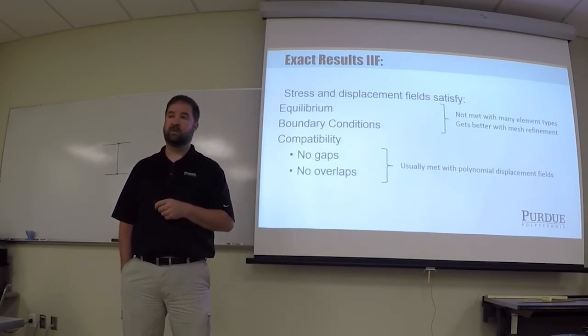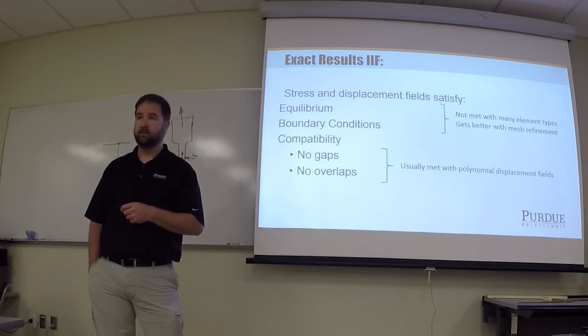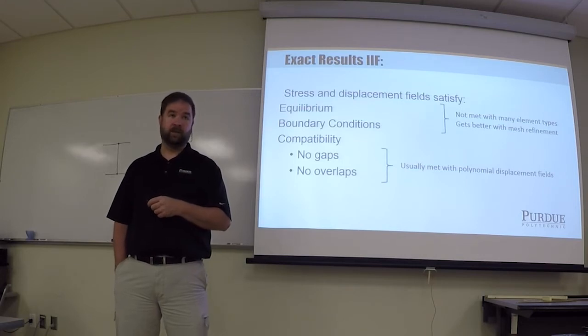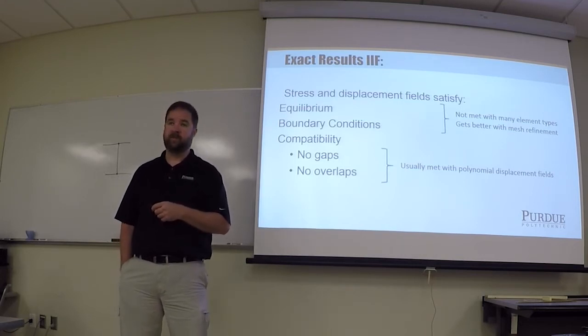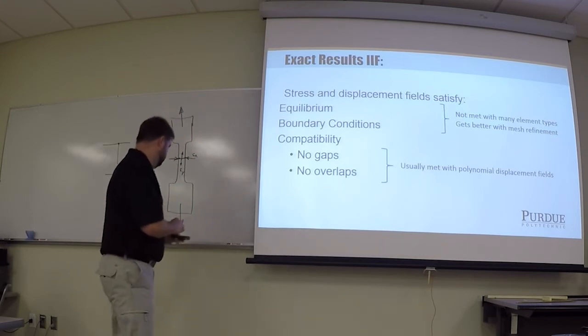In other words, our hand calculation should match our FE calculation, assuming that we have constant cross sections and all those kinds of things. Okay? So what does that mean?